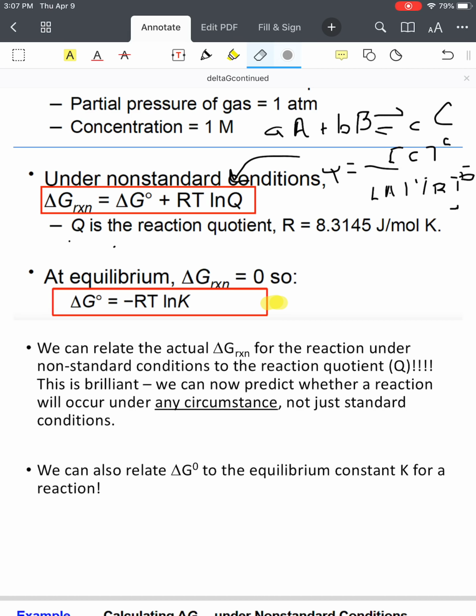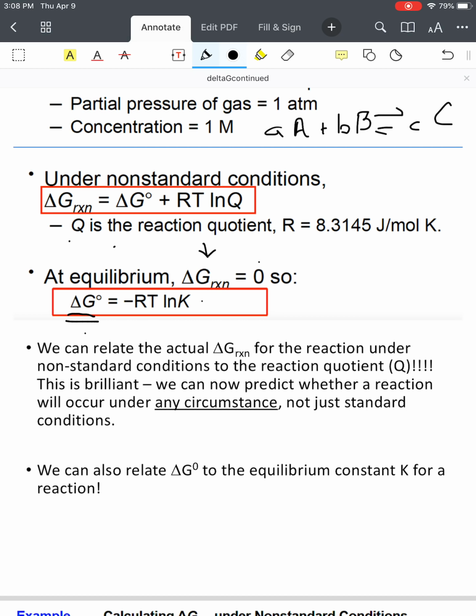Now there's one more equation on this slide, the second red box down at the bottom, okay? Take a look at that one for a second, and then we'll work a sample problem and be done with this lecture. In this second equation down at the bottom, because delta G reaction is 0 at equilibrium, there's no net change in concentration of reactants and products.